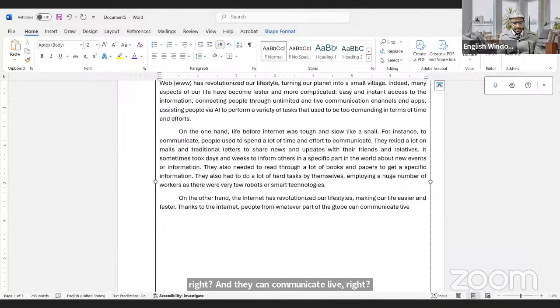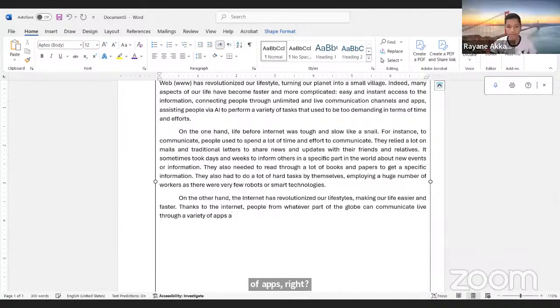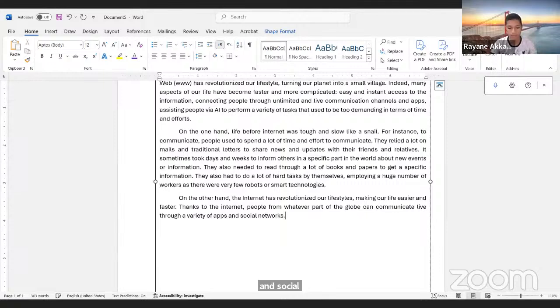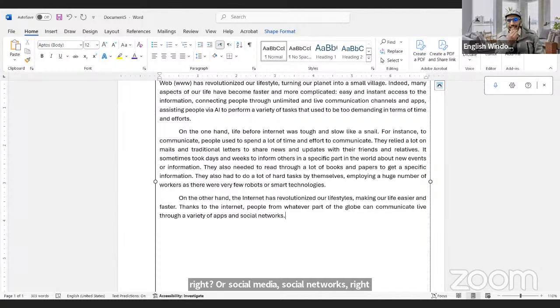Through a variety of apps and social media networks, or social networks.